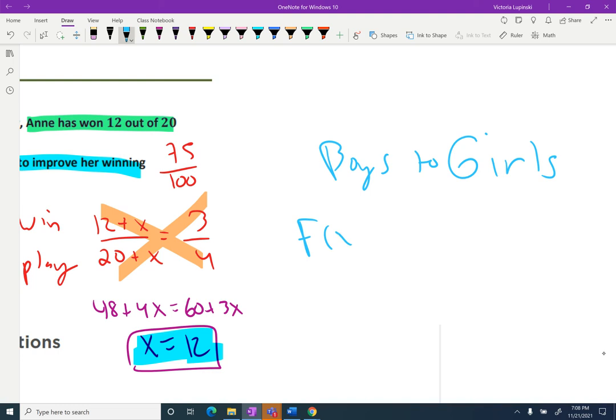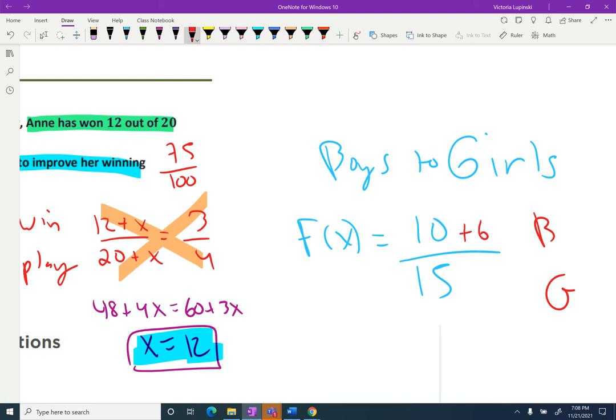Let's just call this function f. Let's say that we start off with a ratio of 10 boys to 15 girls. Again, that would be the initial ratio, the y-intercept as it were. So again, this is the boys to girls. Let's say that every year the number of boys is increasing by 6.